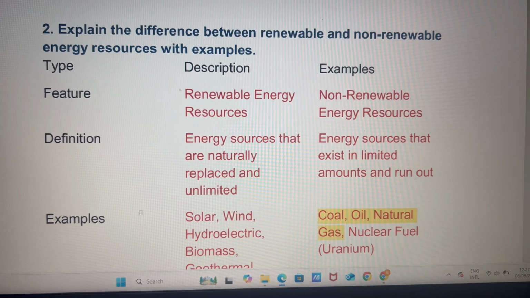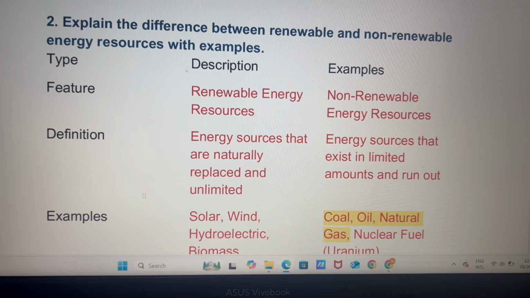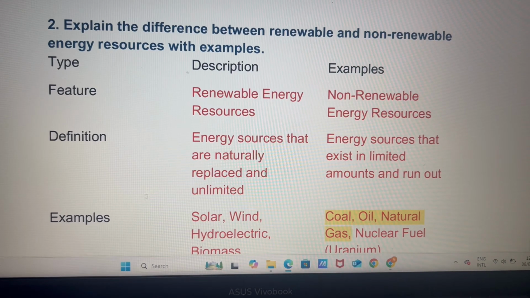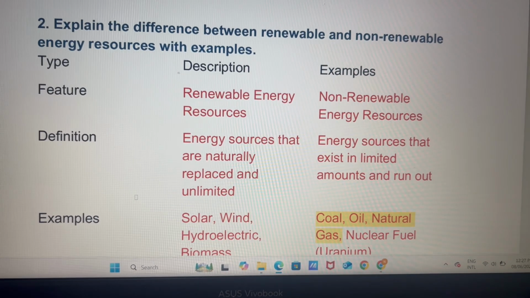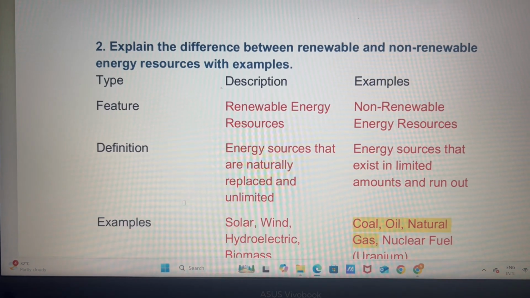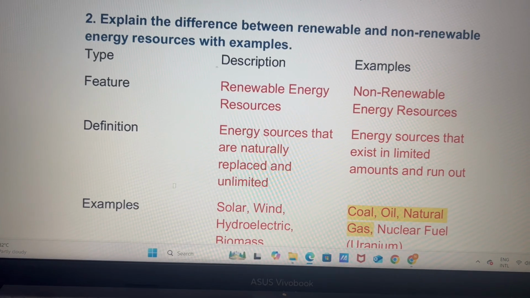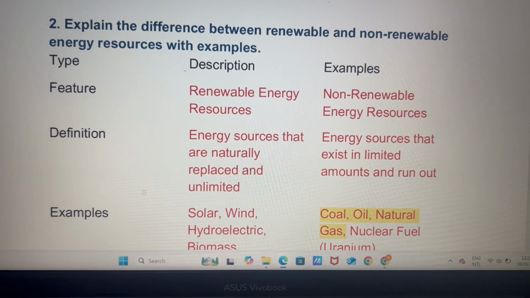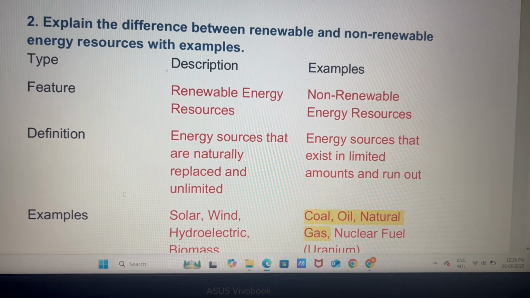Okay, for the second question, the renewable and non-renewable energy resources, you need to memorize the comparison. It is very important. And by the way, for the exam, you need to train your fingers. This hand is going to cry in the exam. Your hands are going to beg for mercy because you have to write a lot. The space left for you to write doesn't look like you have to write that much, but actually you do.